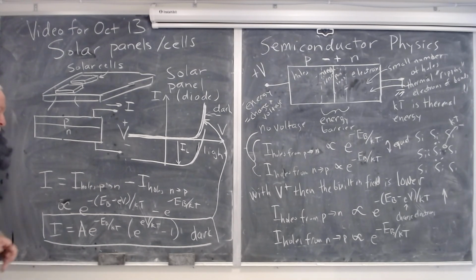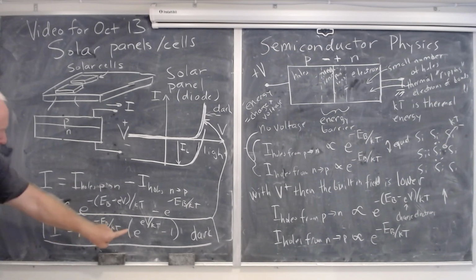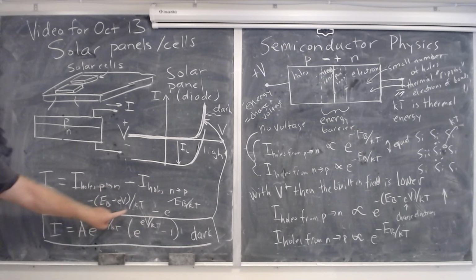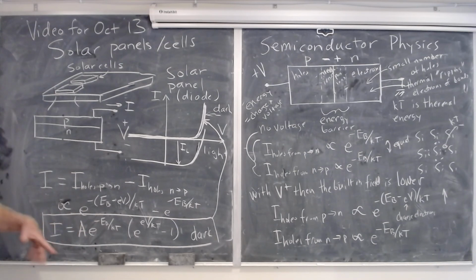Now, it's very important that you understand something here for you to be able to get started with your homework problem. The current voltage relationship is such that, think about it, if temperature goes up, this term, e to the minus that over kT, goes up.